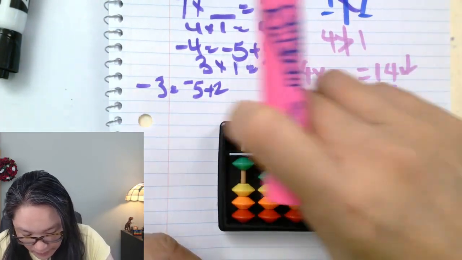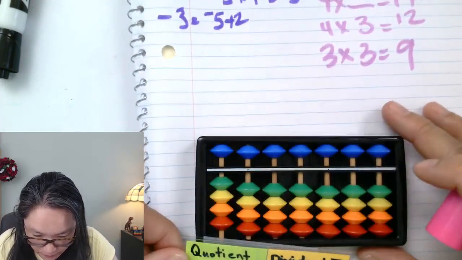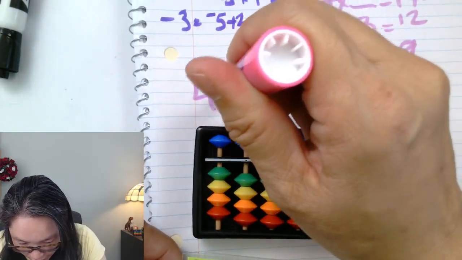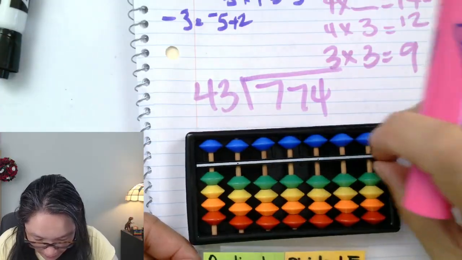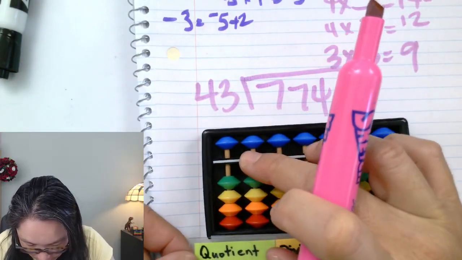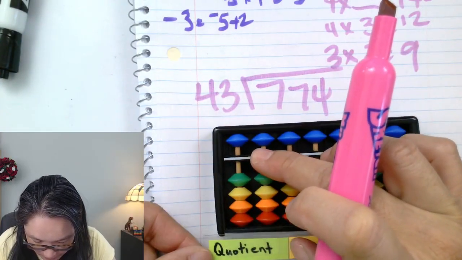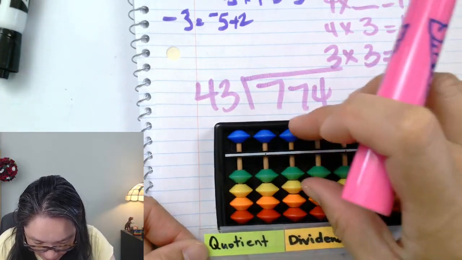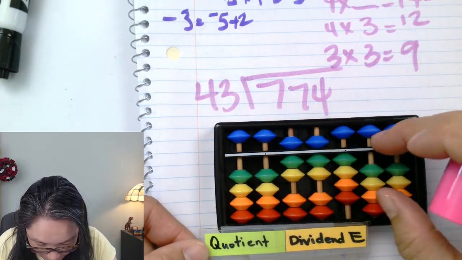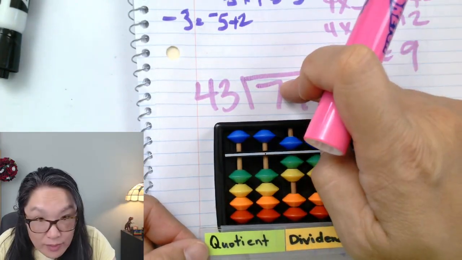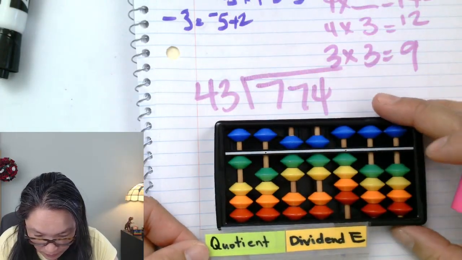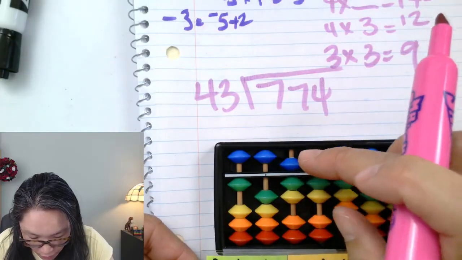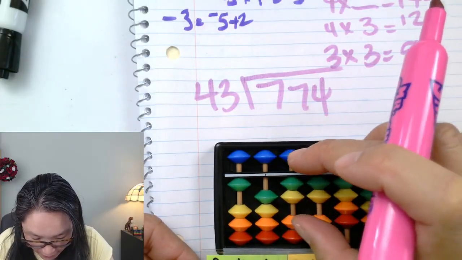Okay, wait. Let me go back. So it's 7, 7, 4. All right. So my quotient's here, my dividend is here. There we go. Okay, 1 times 4 is equal to 4. 4 minus the 4 is minus the 5 plus the 1.